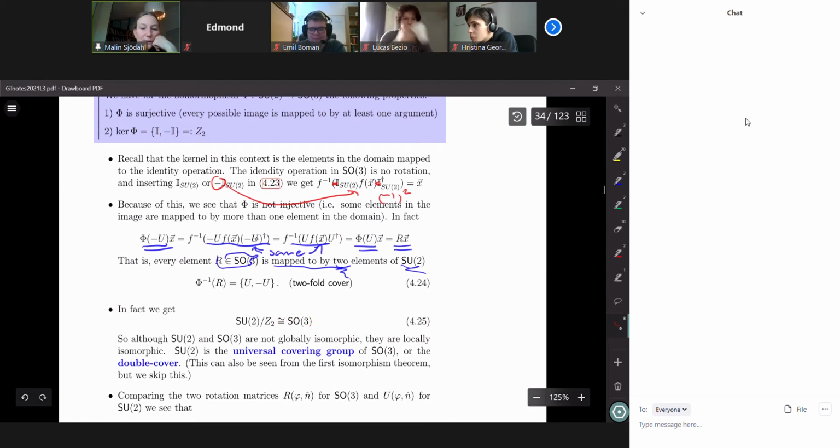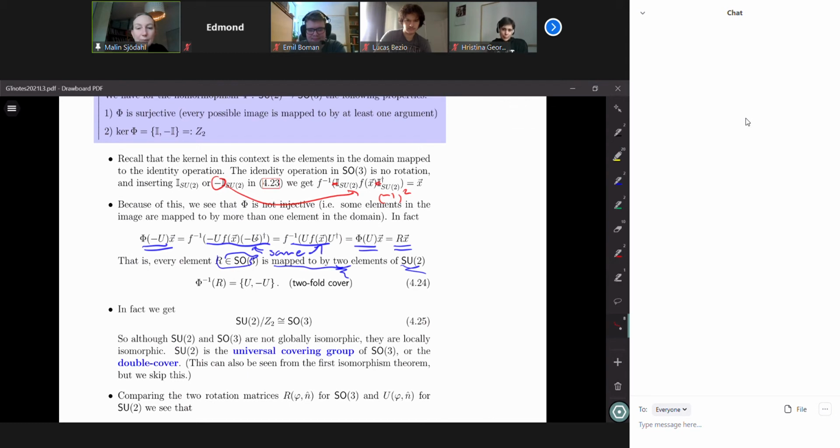So this is the reason for this double cover that you may have heard about at some point in quantum mechanics. We see here that we have two elements in one group mapped to one element in another group. This also means that we have seen very clearly that the groups SU2 and SO3, they are not isomorphic because we have this double cover. We have a homomorphism, but we don't have an isomorphism.